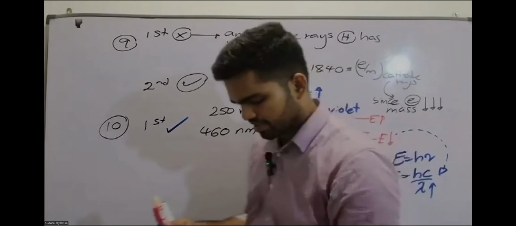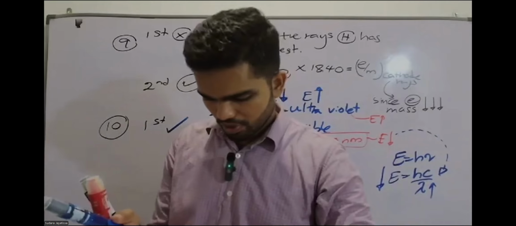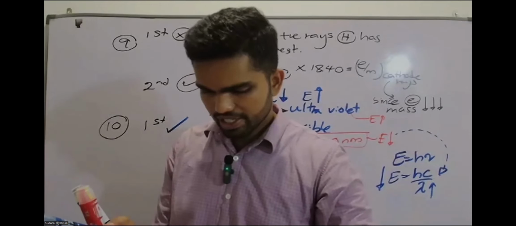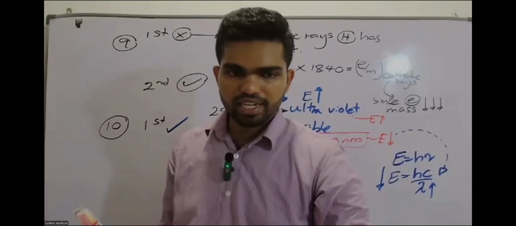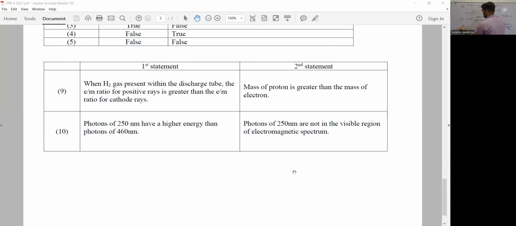Then the second one says photons of 250 nanometers are not in the visible region. That's correct actually. The second statement is also correct because 250 is in the UV region. But is it the explanation? No, it won't be the explanation.